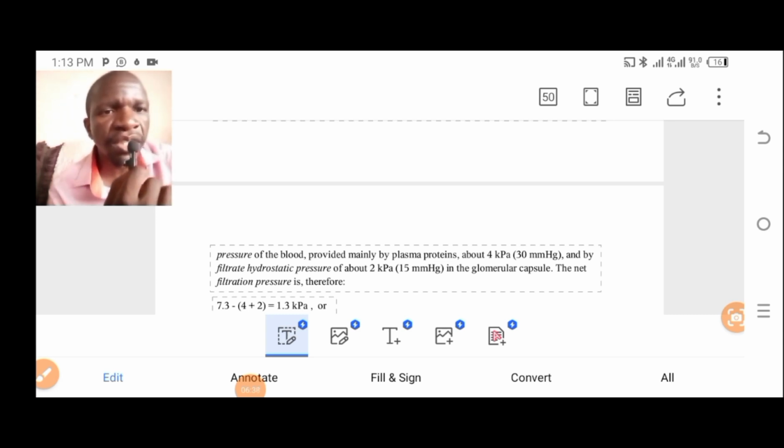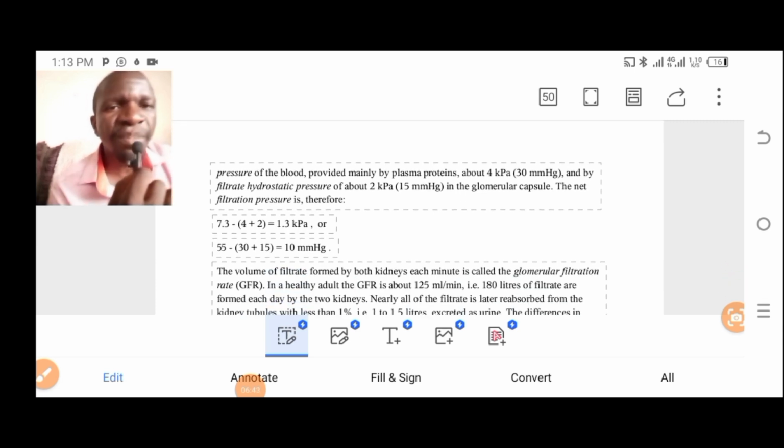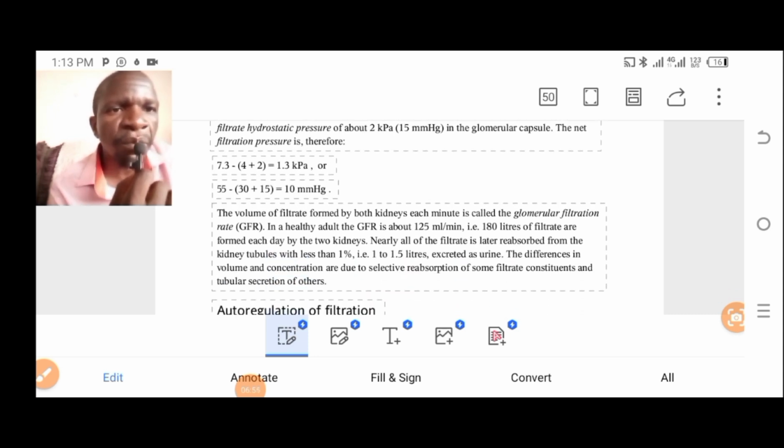The net filtration rate is therefore as you can see in the diagram. So the pressure difference, because the efferent arteriole is narrower, causes filtration to occur.